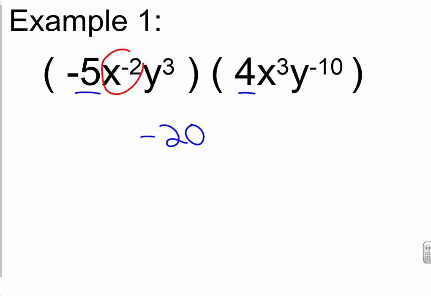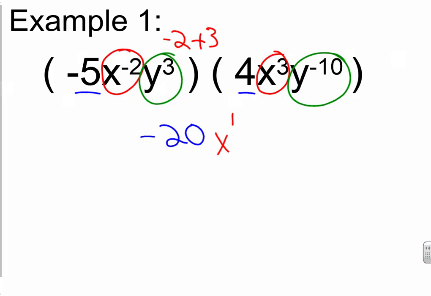Now I'm going to multiply my x squared to my x to the negative 3, which means I add those exponents. Negative 2 plus 3. That gives me x to the positive 1. Next, I'm going to go ahead and do my y to the 3rd times my y to the negative 10th. So that's going to be 3 plus negative 10, which is going to give me y to the negative 7.